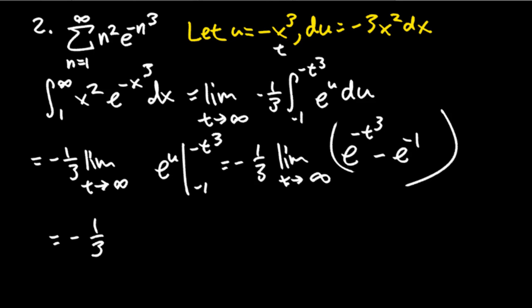Alright, so this first part is going to approach 0 because you have a negative power there, and then this is just 1 over e, right? So we end up with 1 over 3e.